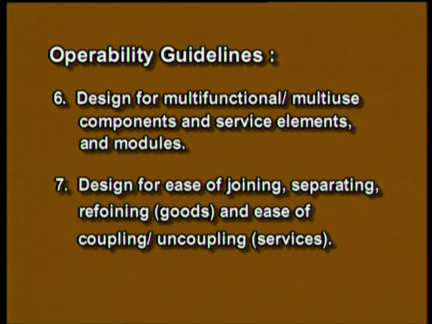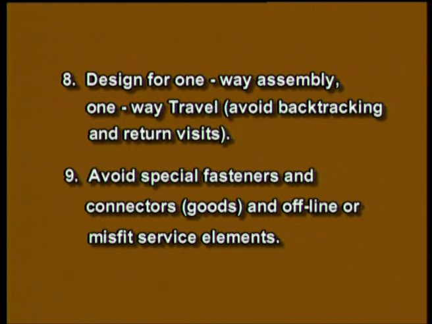And the next set is operability. These are all the guidelines on how easily you can add a component or remove a component, avoid fragile designs because they may break down or be difficult to make and more costly, and avoid coming back and forth; one-way traffic rather than coming back and forth takes less time. These are all simple common sense types of guidelines to make it faster.